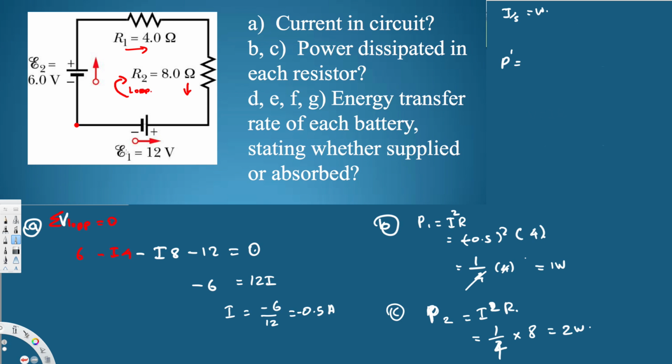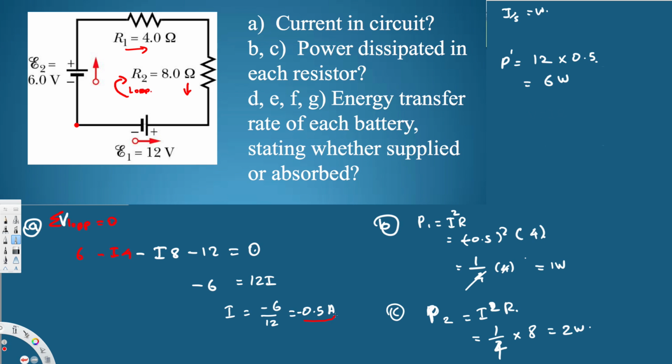Let's call that power P prime. P prime is going to be, again, VI. So V is 12 volts times 0.5, that's going to give us 6 watts. Now we have to know whether it's positive or negative. Previously we assumed this direction and got a negative value.